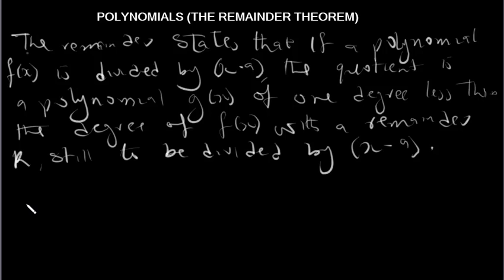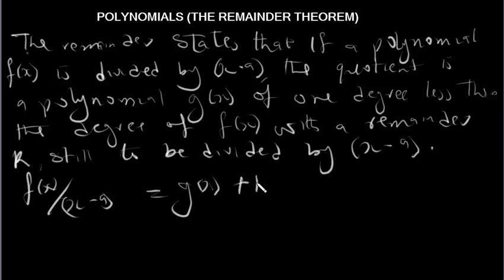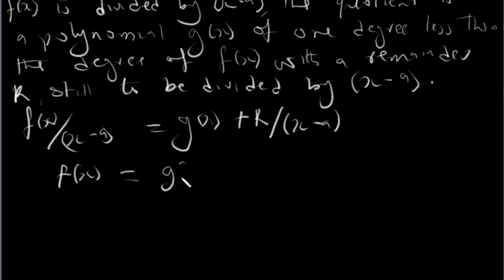Now, what we are saying is that f of x divided by x minus a is equal to g of x plus r over x minus a. If you cross multiply, f of x is equal to g of x times x minus a, plus r.